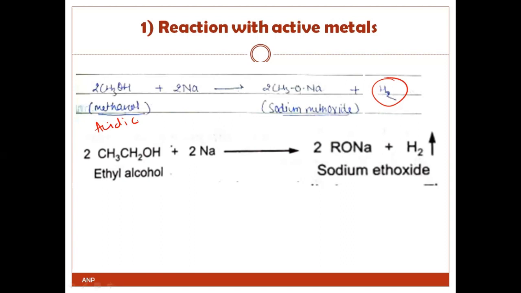However, alcohols are weaker acids than water. This is because the alkyl groups in alcohols exert a positive inductive effect and release electrons towards the oxygen atom so that it becomes negatively charged, and this negative charge on oxygen makes the release of the positive proton more difficult.